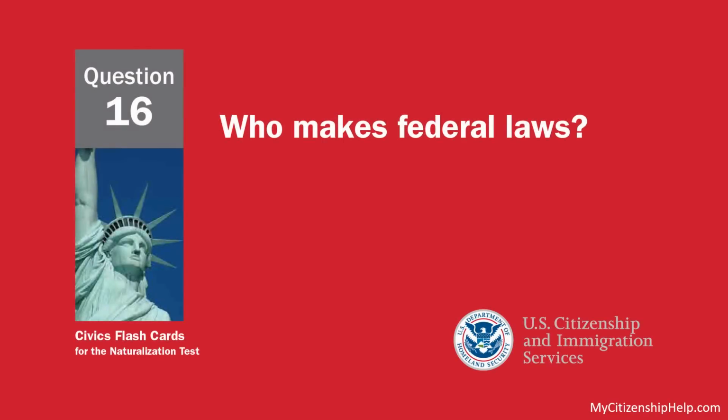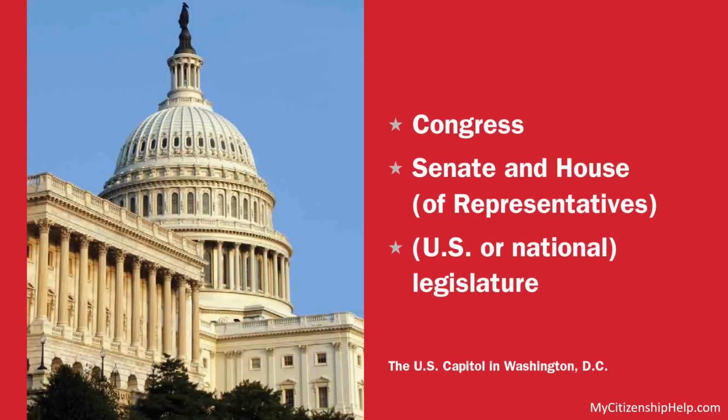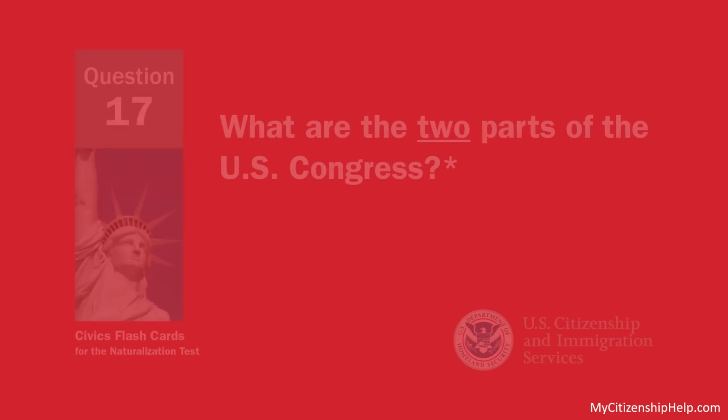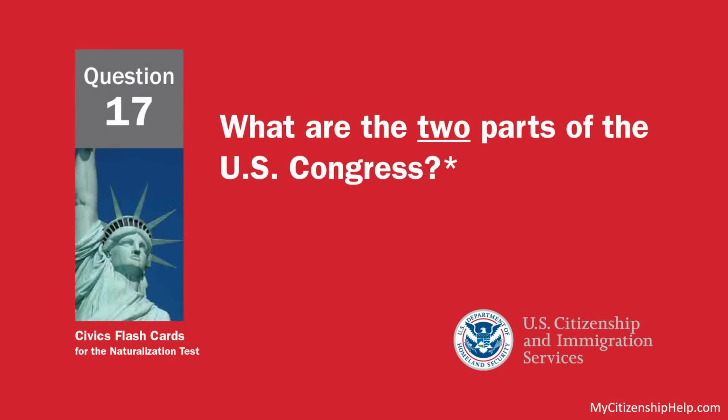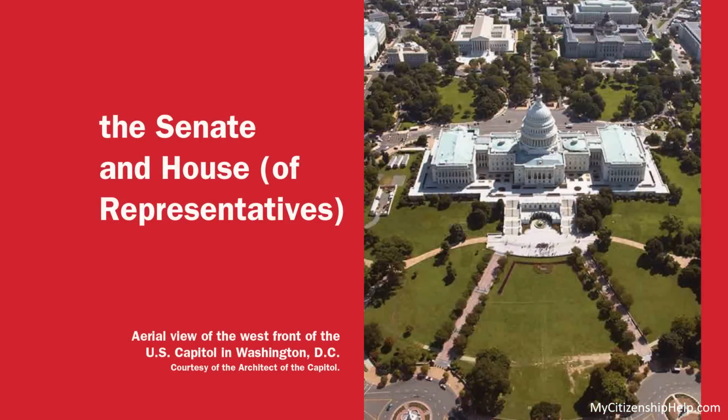Who makes federal laws? Congress. Senate and House of Representatives. U.S. or national legislature. What are the 2 parts of the U.S. Congress? The Senate and House of Representatives.